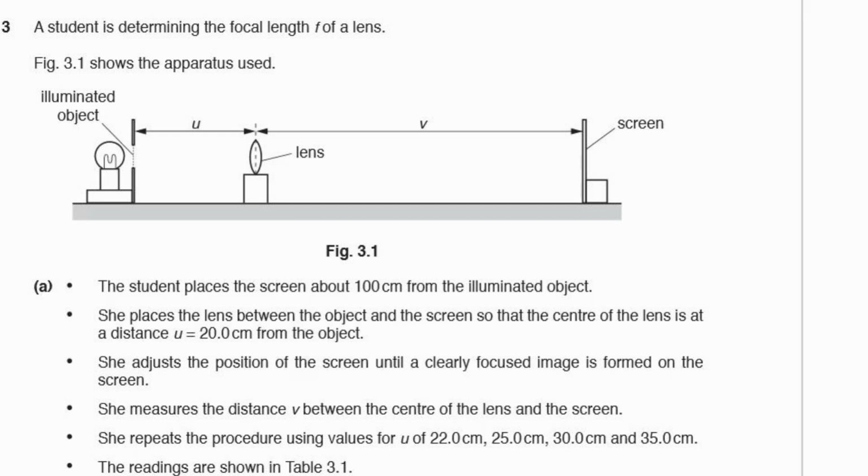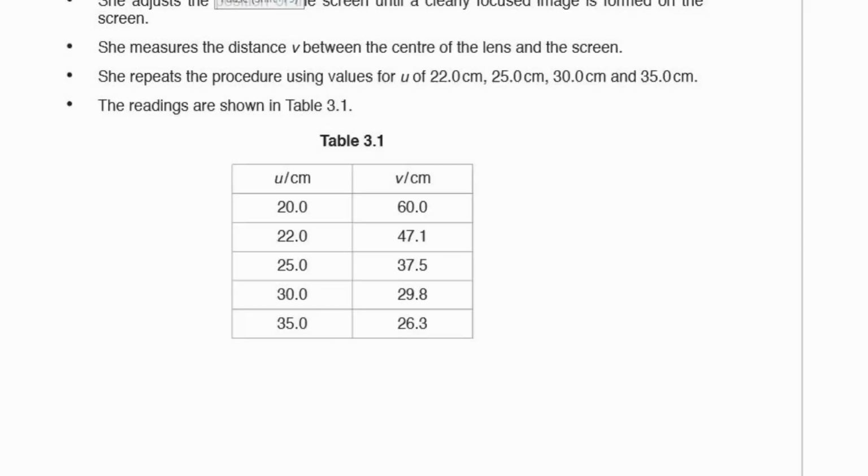She measures the distance v between the center of the lens and the screen. She repeats the procedure using values of u of 22, 25, 30 and 35 centimeters. The readings are shown in table 3.1. And there we go, there's table 3.1 with the different readings for u and v.